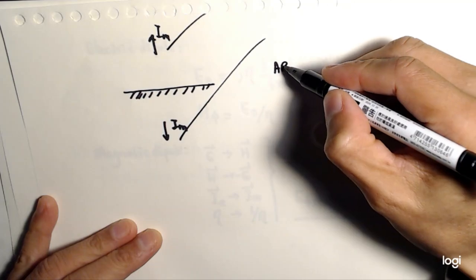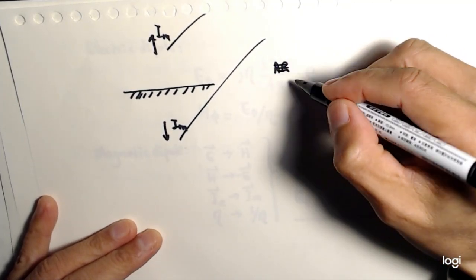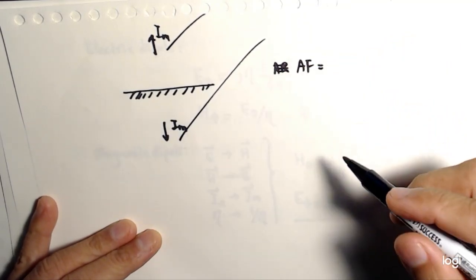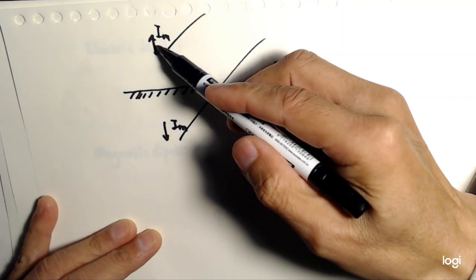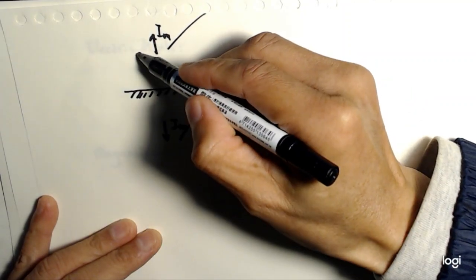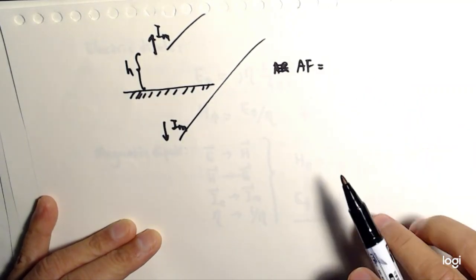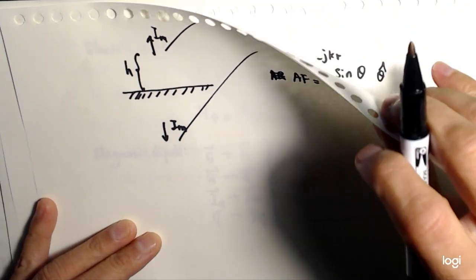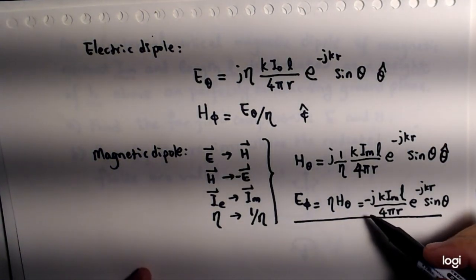And for the far field, we know AF, right? I should say AF is equal to the electric field due to the dipole at height h above the ground. And according to what we have done previously, we already found out it is like this.